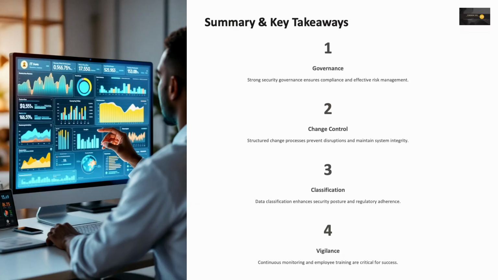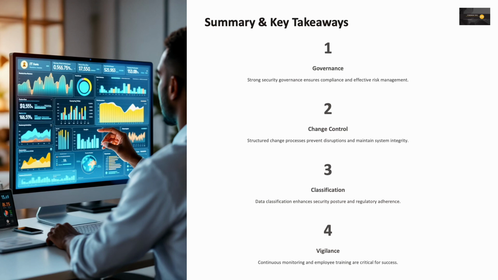Now, how do these four areas integrate into an overall cybersecurity strategy? Governance, change control, classification, and vigilance. The organizational process or governance part provides leadership and policy direction and ensures a structured security operation approach.